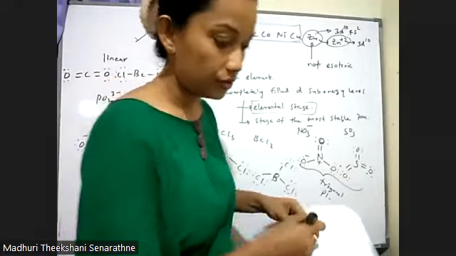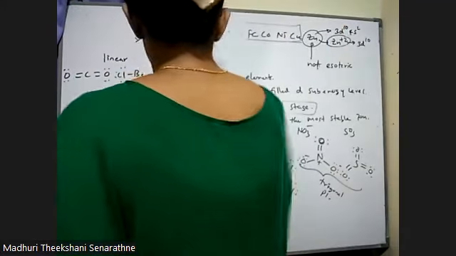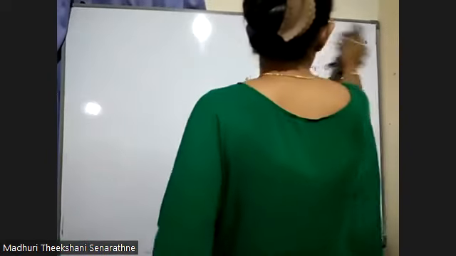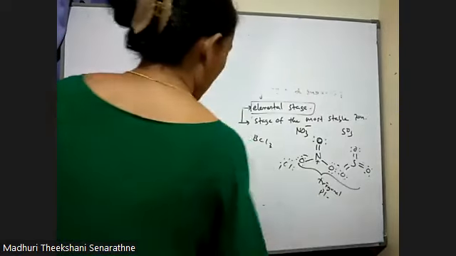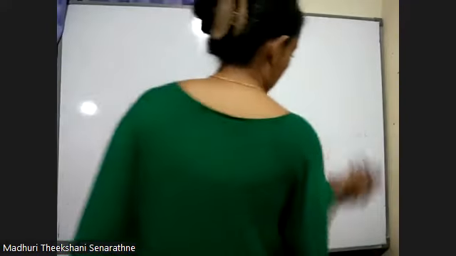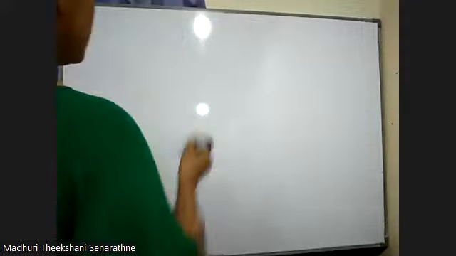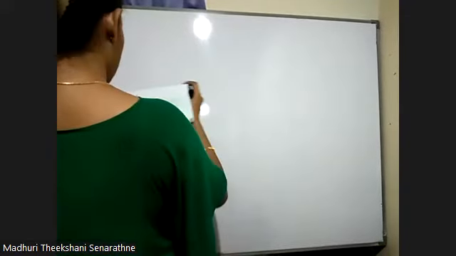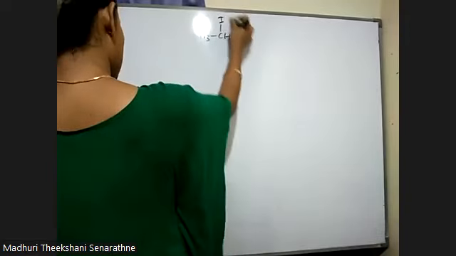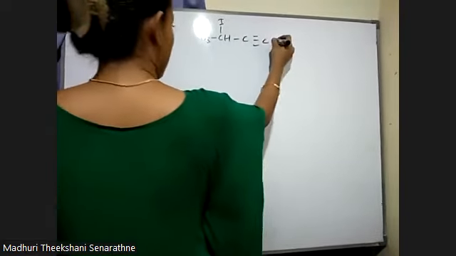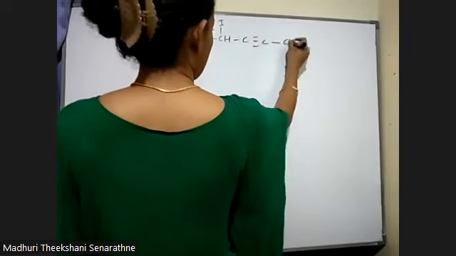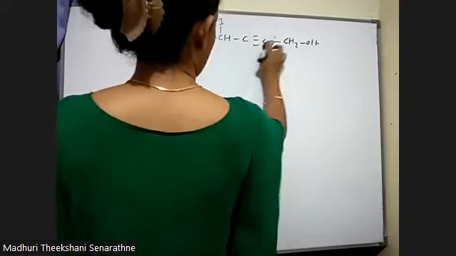IUPAC name. You have to find the IUPAC name. In the advanced level syllabus, we talk about two kinds of IUPAC names: for inorganic compounds and for organic compounds. Here is the IUPAC name for the organic compound CH3CHIC triple bond CCH2OH, with carbons numbered 1, 2, 3, 4, 5.